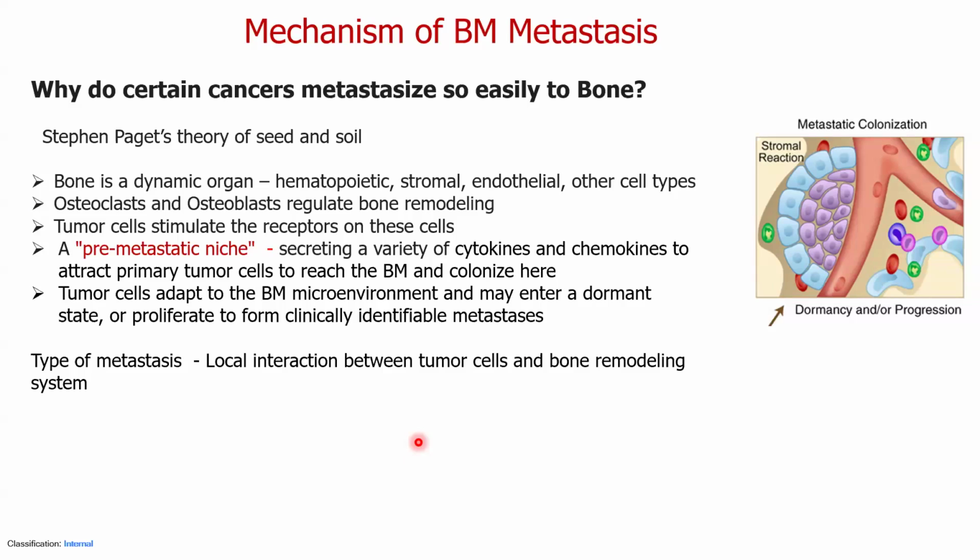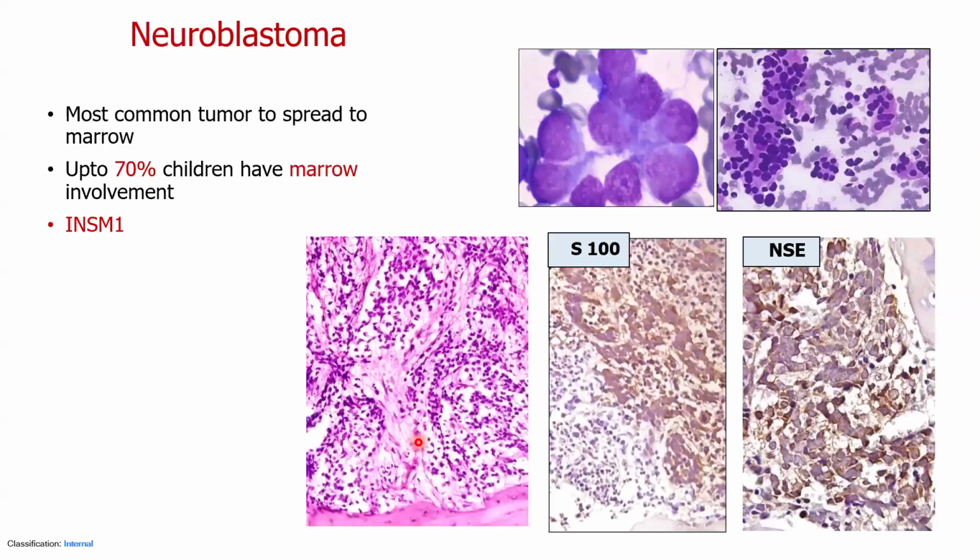Tumor cells then adapt to the microenvironment of the bone marrow, and they can enter into a dormant state or proliferate to form clinically identifiable masses. The type of metastasis depends upon the local interaction between the tumor cells and the bone remodeling system. I'll show you some examples.